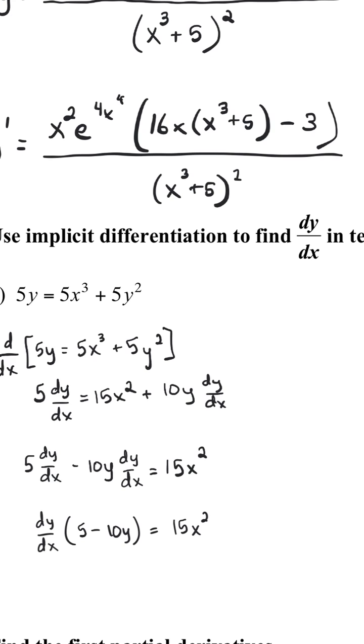Then divide by the 5 minus 10y to get dy dx by itself. And you notice that all of these coefficients are divisible by 5. So we can simplify it by dividing each of those by 5.